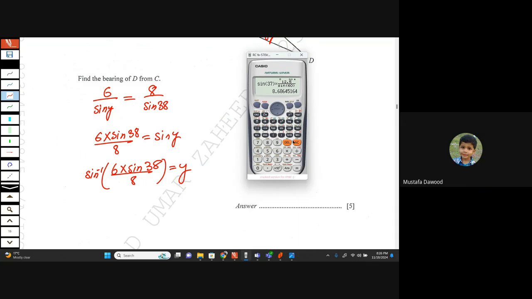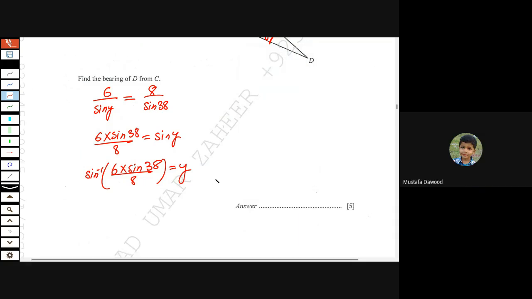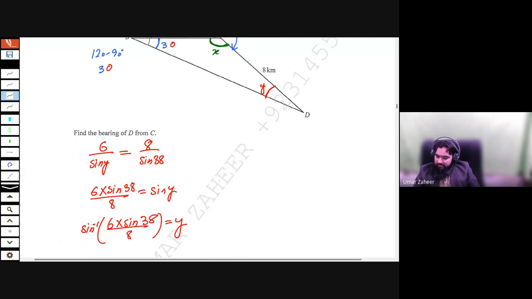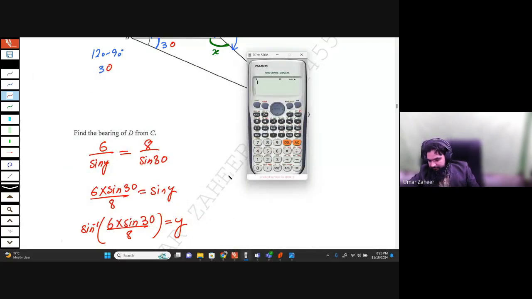Sir, that is 30, not 38, sir, the angle. It's 30. Oh, yeah, it is 30. Thank you. Yes, find the value. Sine inverse of bracket 6 multiplied by sine 30, bracket close.